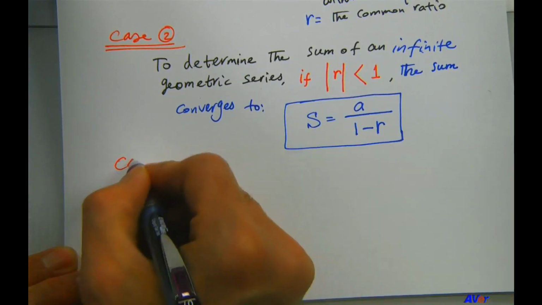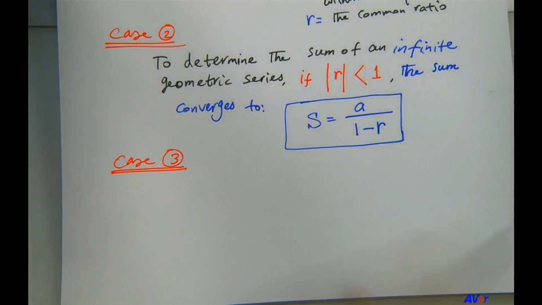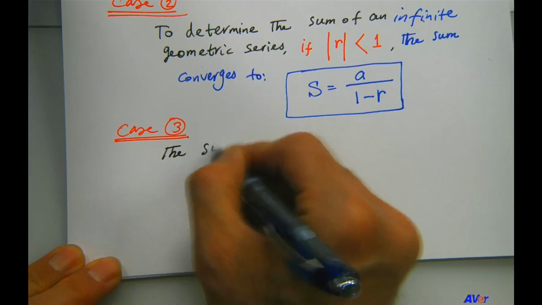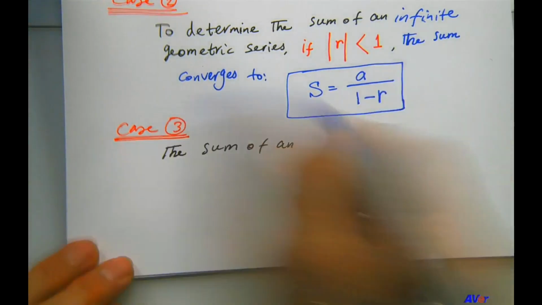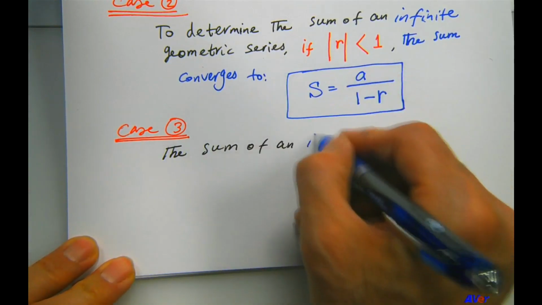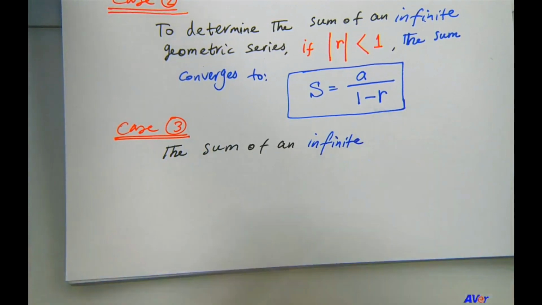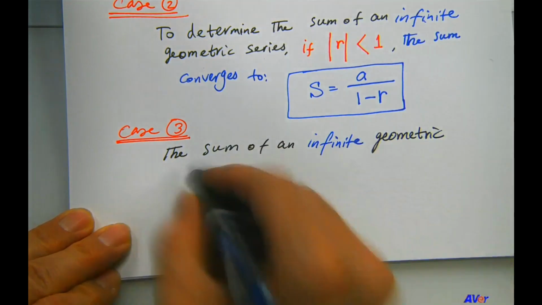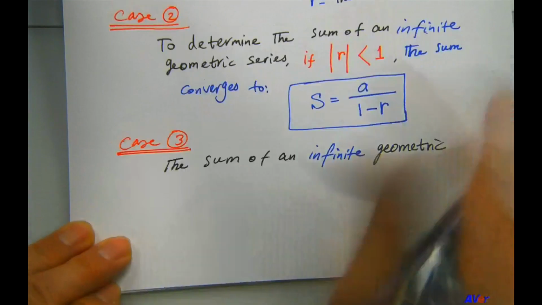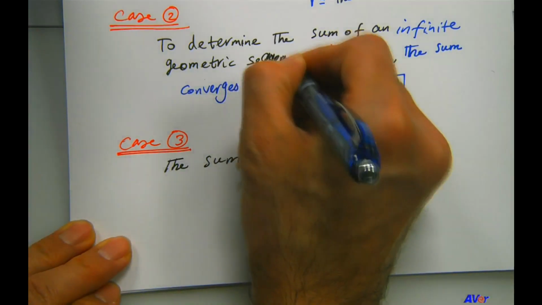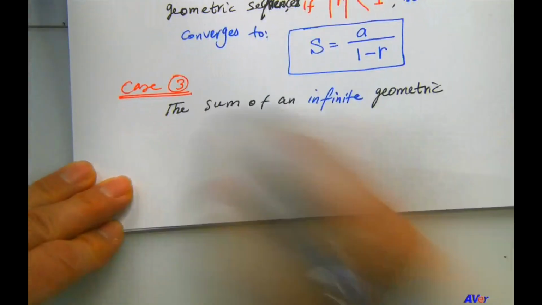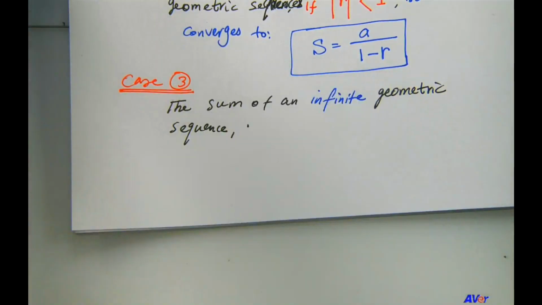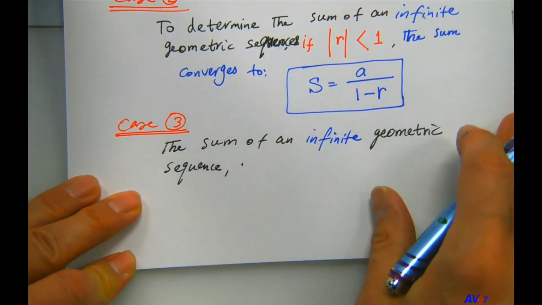So case 3, the sum, again, this has to do with the infinite geometric sequence or series, the sum of an infinite geometric sequence, when, if, I should say, so if, remember for case 2 we had if absolute value of r was less than 1, right?